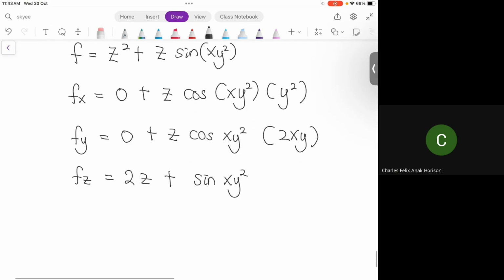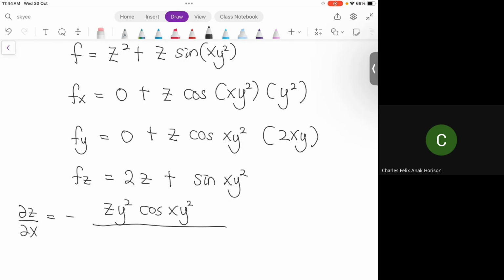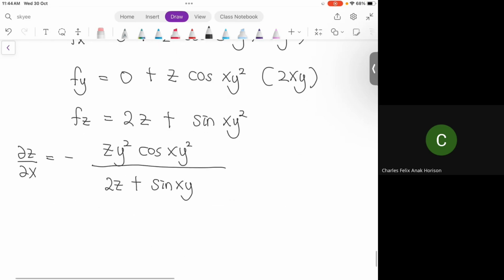Now we put them inside. Negative fx. So I have zy squared cos xy squared. This is my fx, divided by my fz, 2z plus sine xy squared. Just put it back. Very simple.